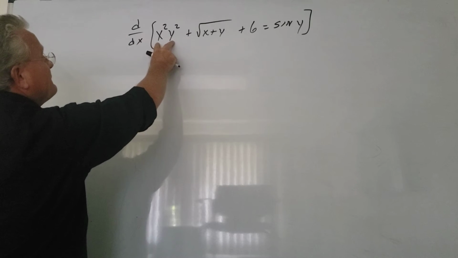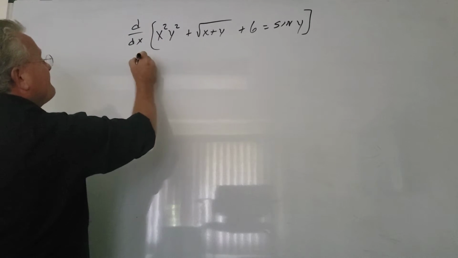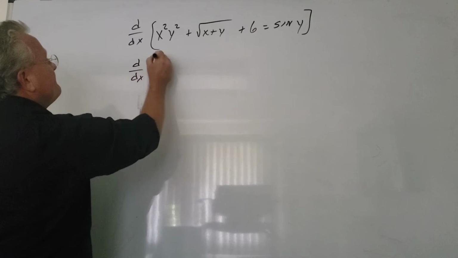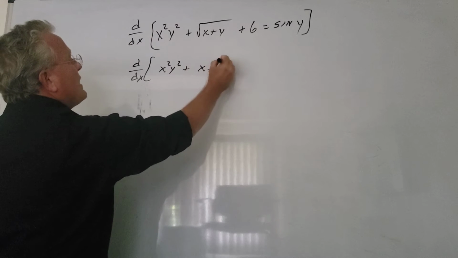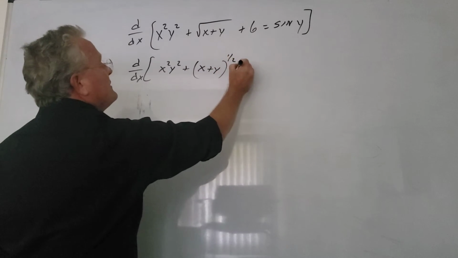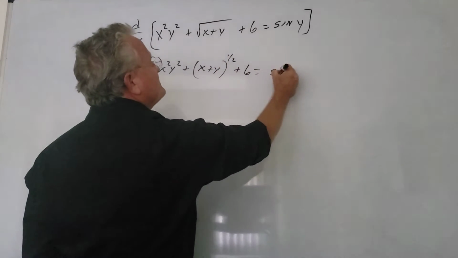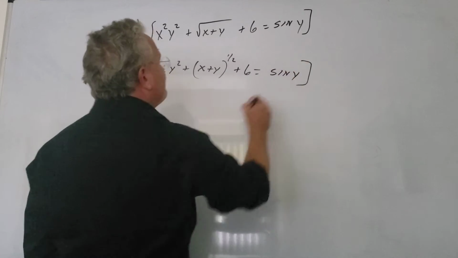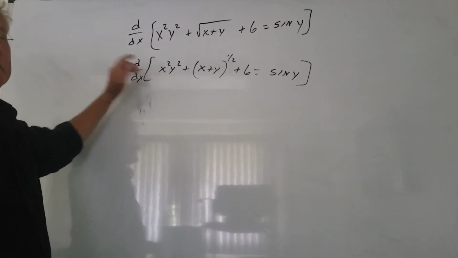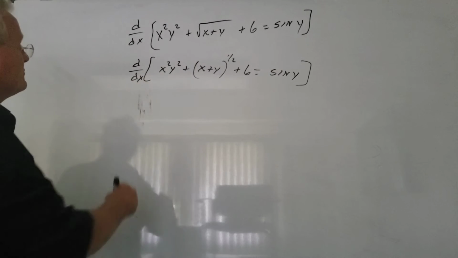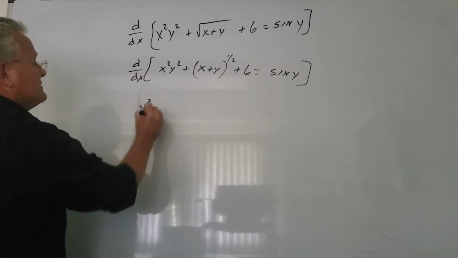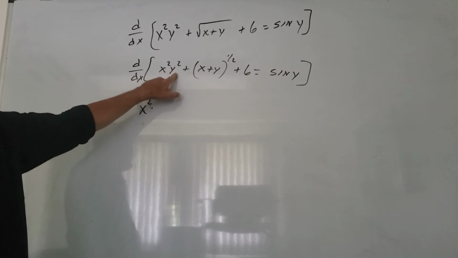So the derivative of this. First, let me just rewrite this. We have x squared y squared. Let's write this as (x plus y) to the 1/2 plus 6 equals the sine of y. Okay, so here again, like the example I just did, we've got to use the product rule. So it's the first function times the derivative of y squared.